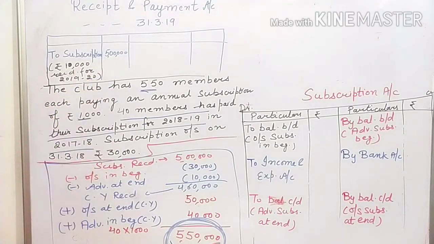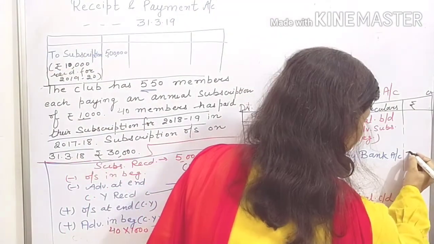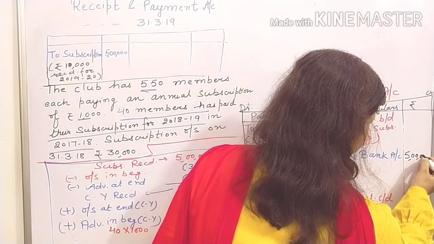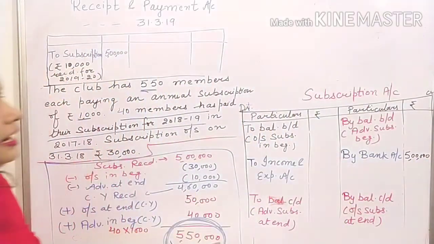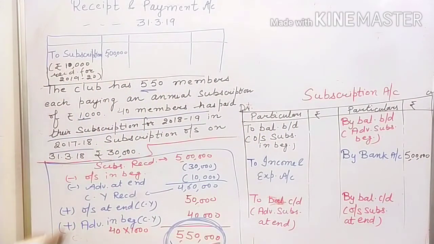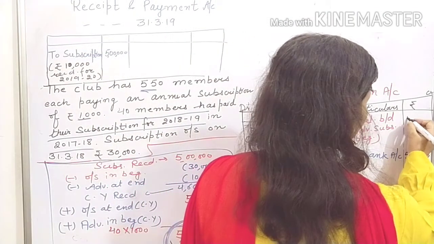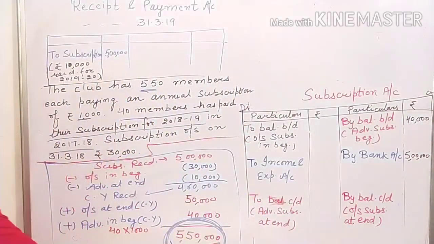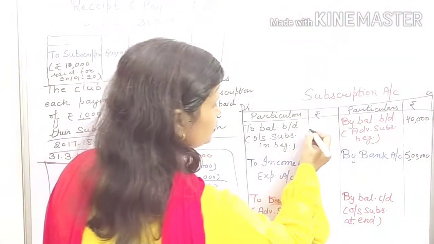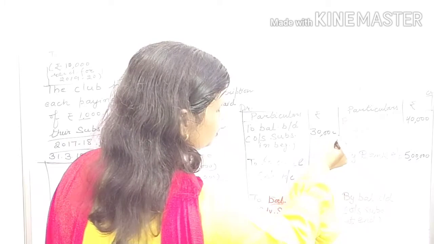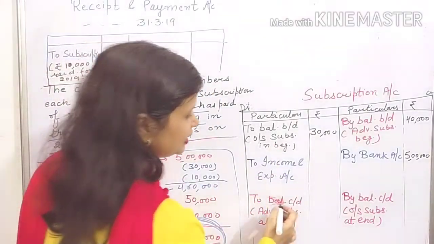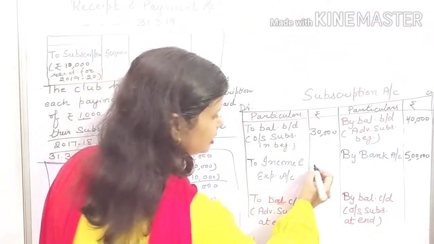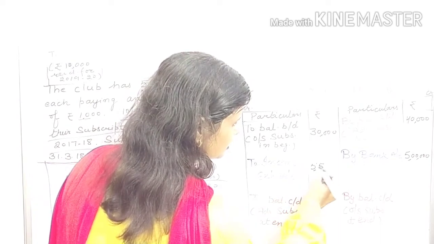Total received 5 lakh. So here you can show by bank account 5 lakh. Advance subscription in the beginning, 40 members has paid. So advance in the beginning 40,000. Outstanding in the beginning, that is given to you 30,000. You know what amount is to be transferred to income and expenditure account. 550 multiplied by 1000, 5,50,000.